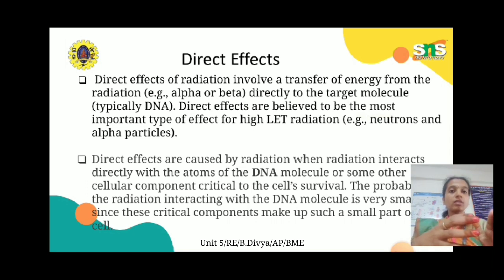The energy goes directly to the target molecule, which is the human body's DNA. This is called the direct effect. Direct effects are believed to be the most important type of effects. Since it affects the DNA directly, this is called the direct type of radiation.